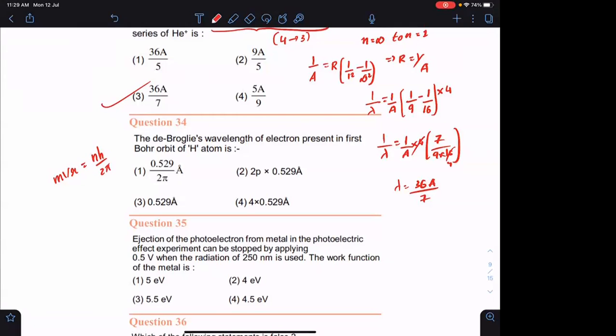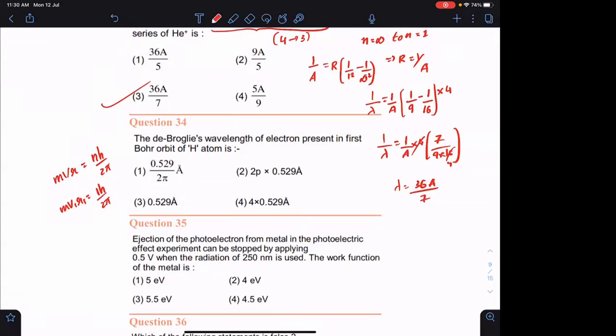Whenever you are asked de Broglie wavelength and if they are connecting the Bohr's orbit, always you can get the answer using mvr equals to nh upon 2 pi. This is given. Isse kabhi bhi aapko answer milega hi. They are asking about first Bohr orbit. First Bohr orbit matlab mv1 r1 is equal to 1h upon 2 pi.